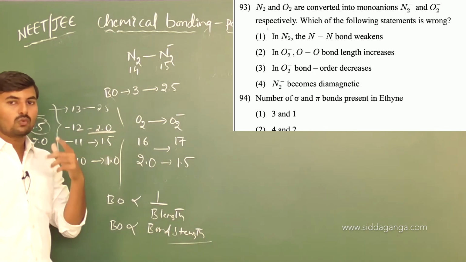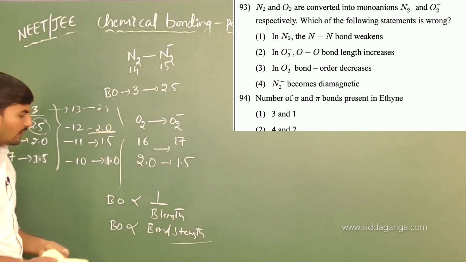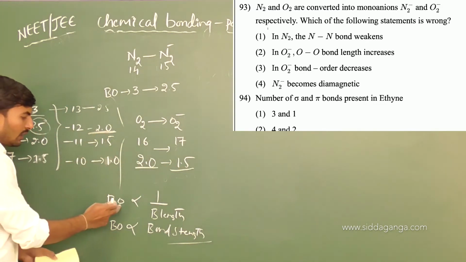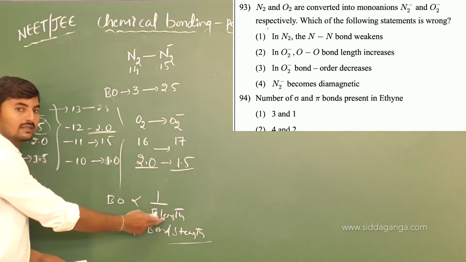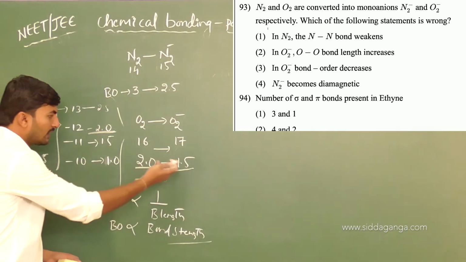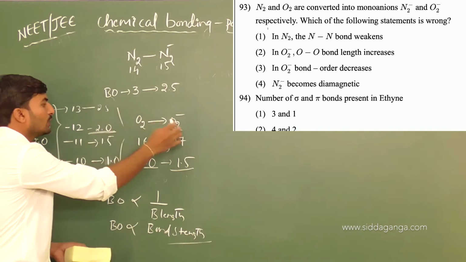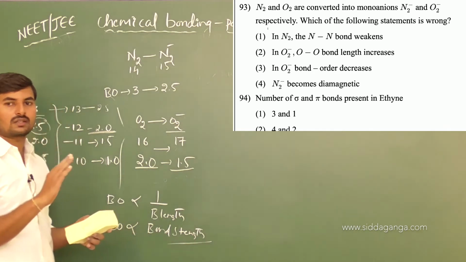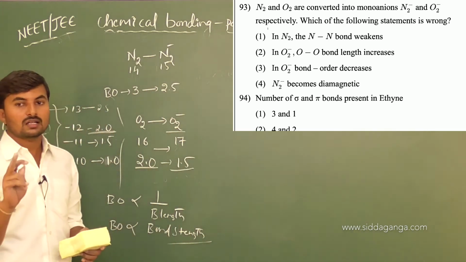Second one, in O2 minus the oxygen bond length increases, they have said. Okay, look here, in O2 the bond order goes from 2 to 1.5, a decrease in bond order. Bond order and bond length are inversely proportional. If bond order decreases, what happens to the bond length? It increases. So in O2 minus the oxygen bond length increases. Since bond order and bond length are inversely proportional, from the O2 molecule to the O2 minus molecule the bond length is going to be increased. That is also correct. And the third one is, in O2 minus the bond order decreases.